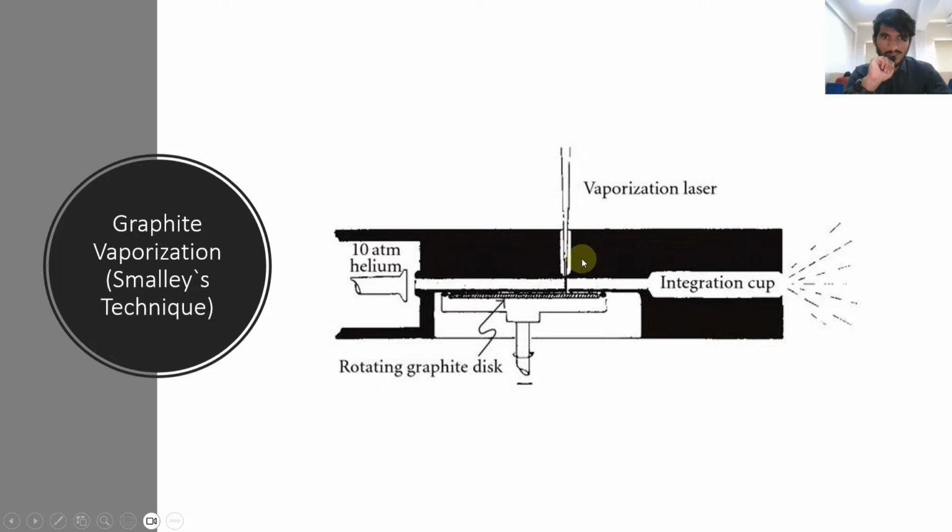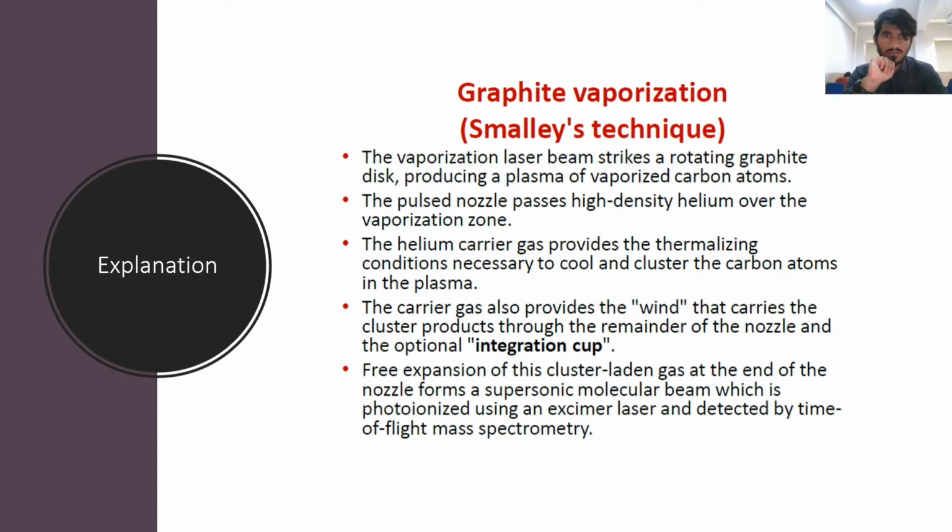The helium gas acts as a carrier gas to carry these carbon vapors formed from the rotating graphite disk. Furthermore, it provides the condition necessary to cool and cluster the carbon atoms in the plasma, that is, necessary to finally form the Buckminsterfullerene after clustering.